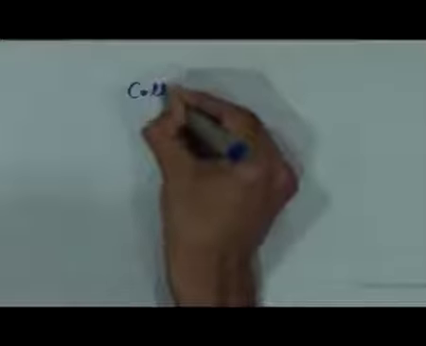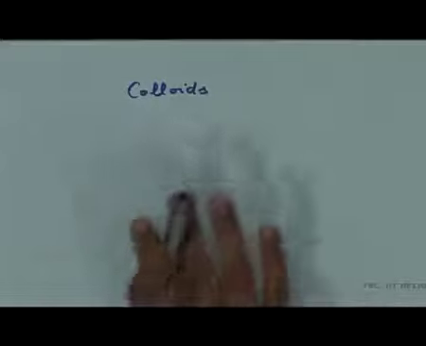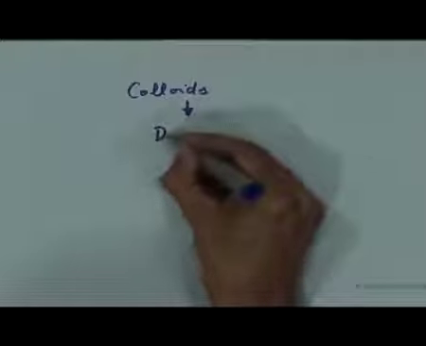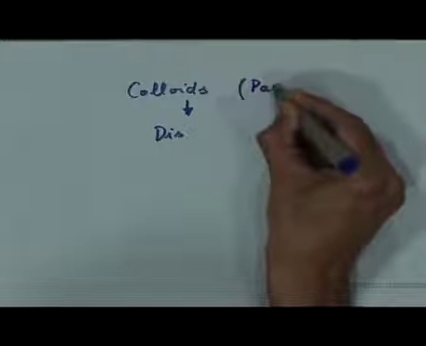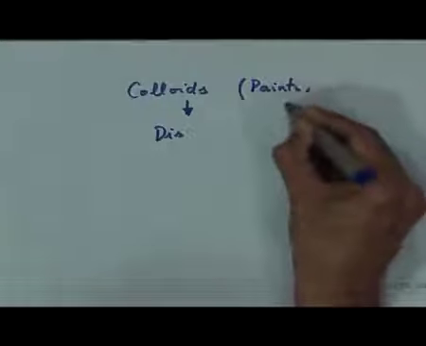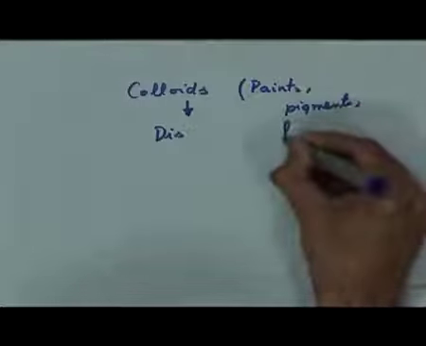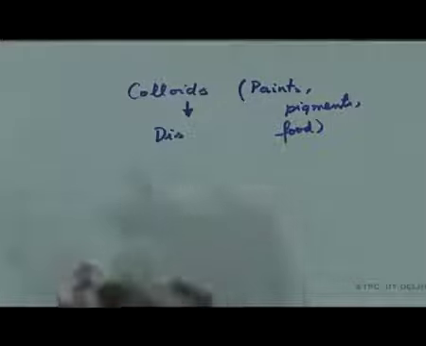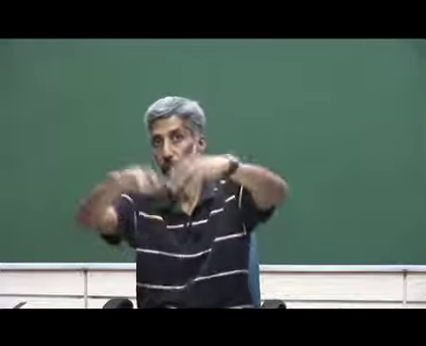The other thing that you have is colloids. Colloids again, what we do is we are going to disperse. So, for example, paints, pigments, and food are various examples of colloids, where you have one compound which is dispersed in another material.